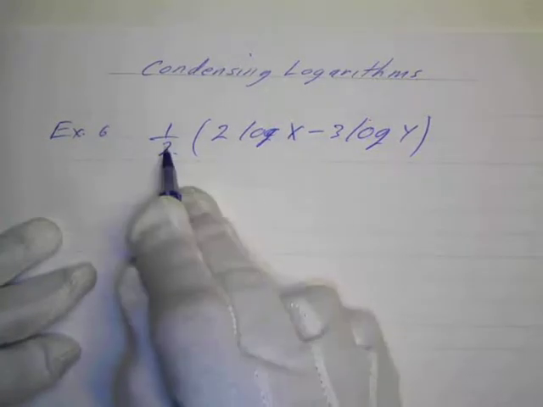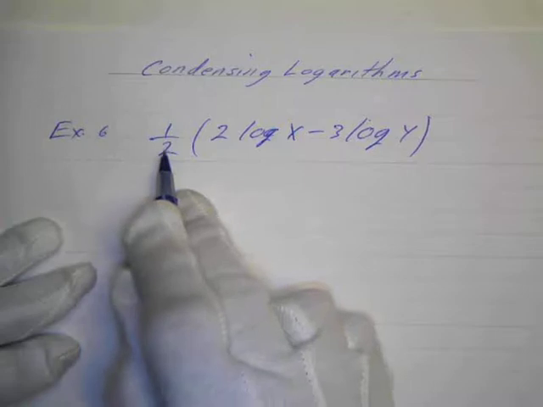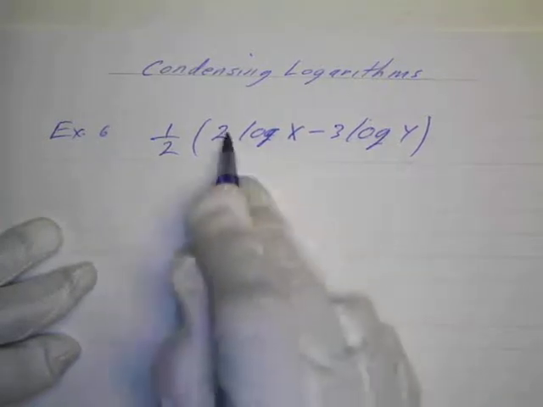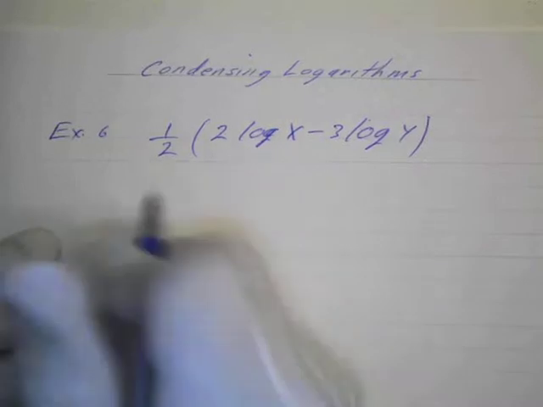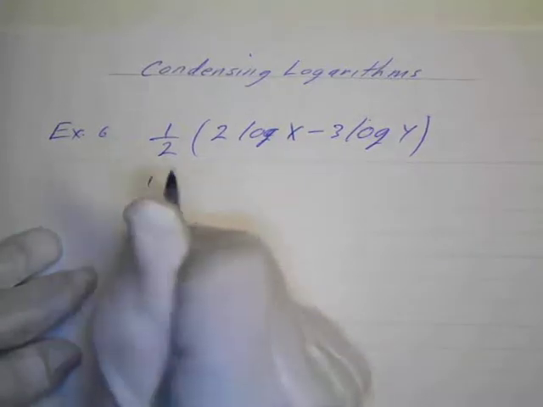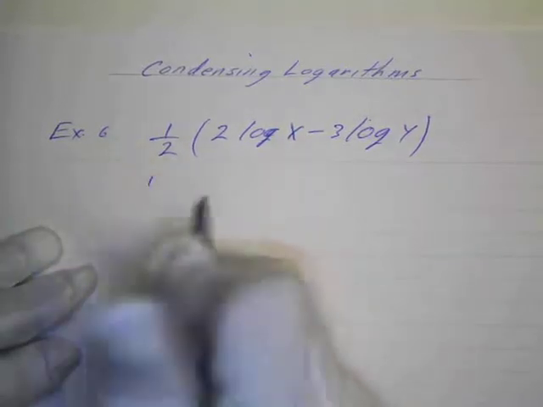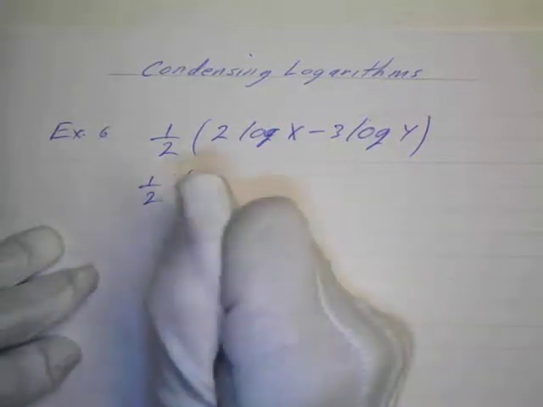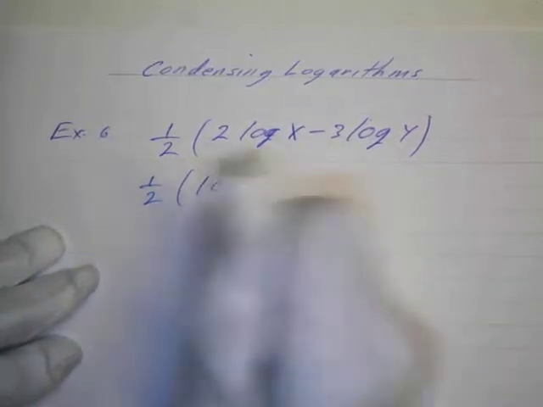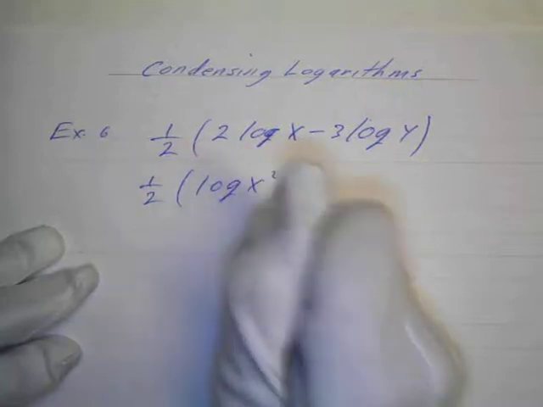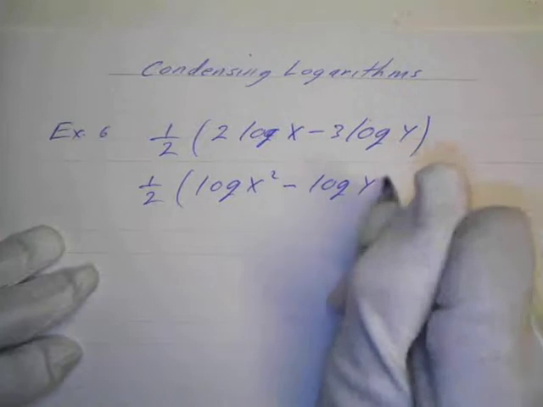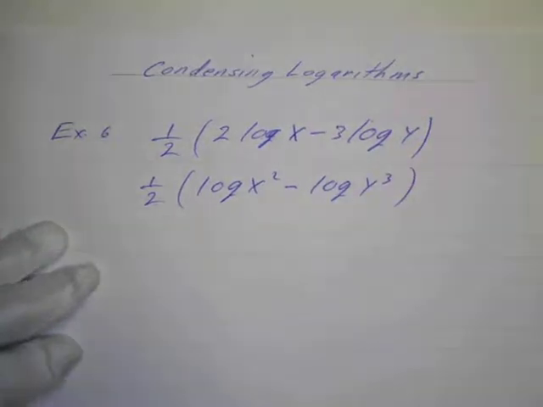Now this isn't a log, so I really can't do anything with this number in front. But what I can do is take these exponents and put them back. So I'll put this 2 up on the x, so x squared minus the log of y cubed. So we'll put that up there.